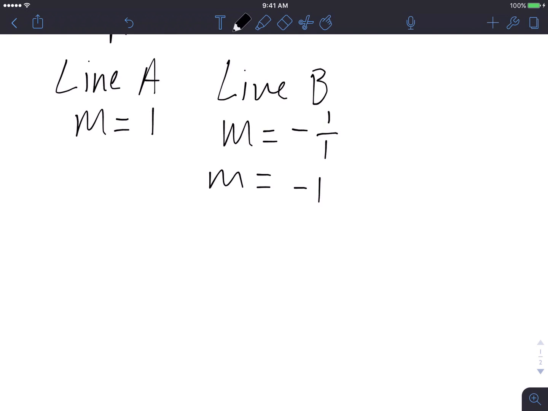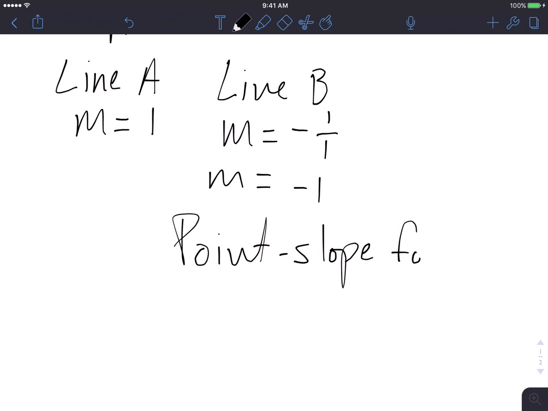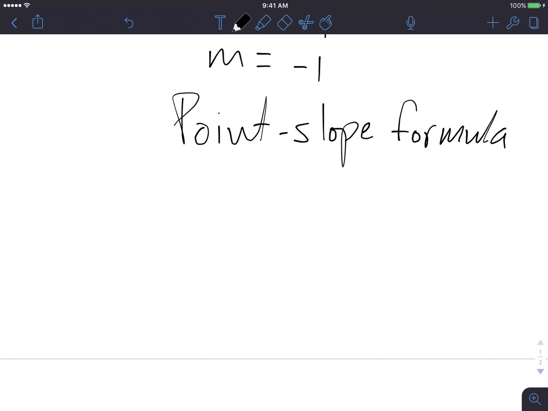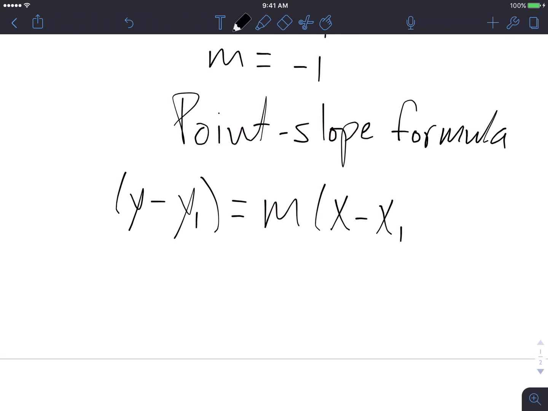So we can use the point slope formula. Okay? And that formula is y minus y1 equals m times x minus x1.